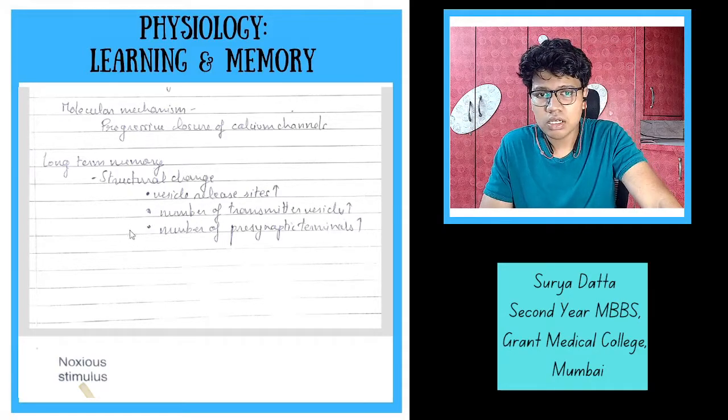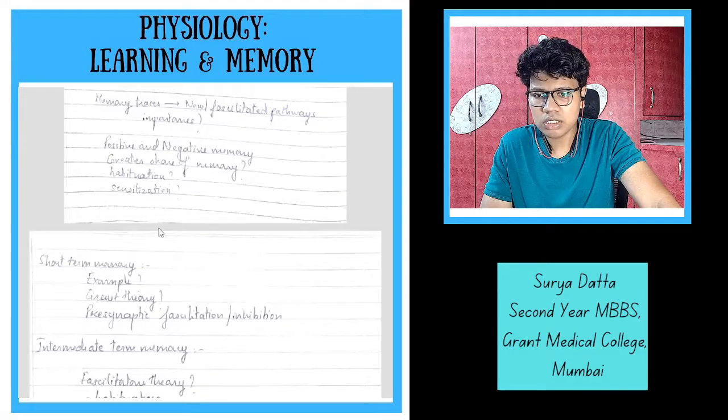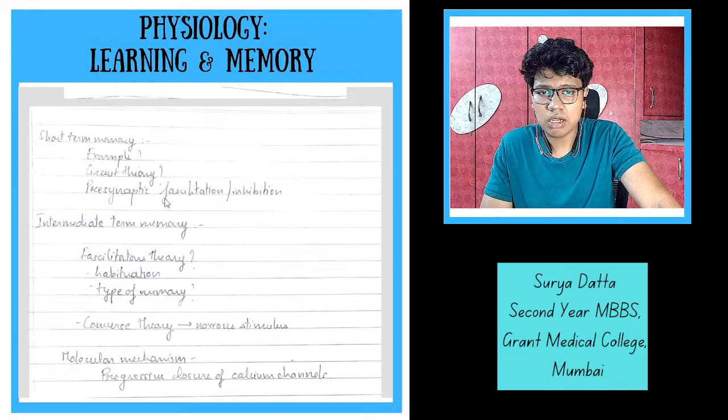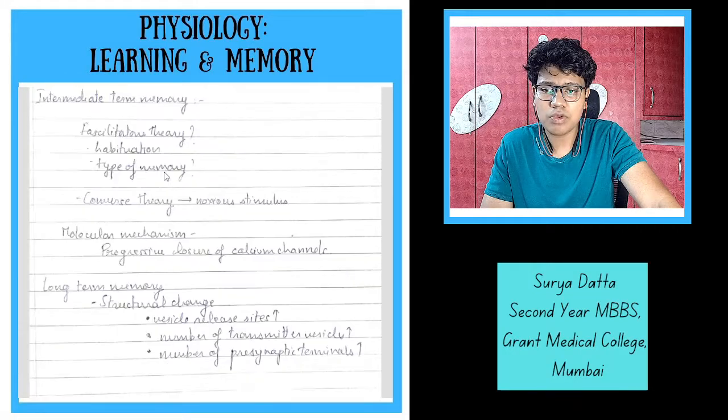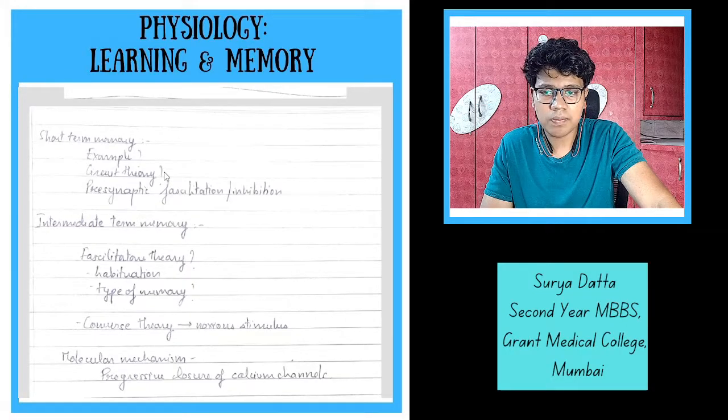When there is a structural change, it's a long-term memory. So with this, we conclude, and just for the layman, at the end of it, I'm going to summarize all the memories very quickly. Short-term memory, just by one example.